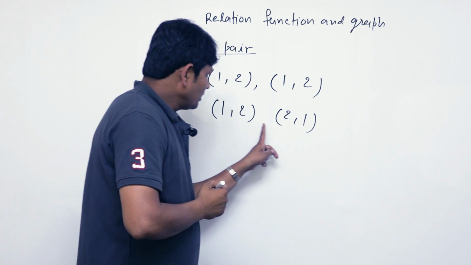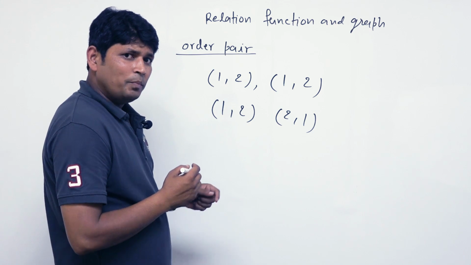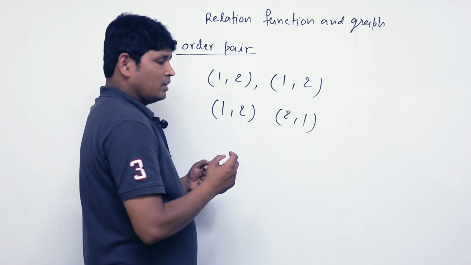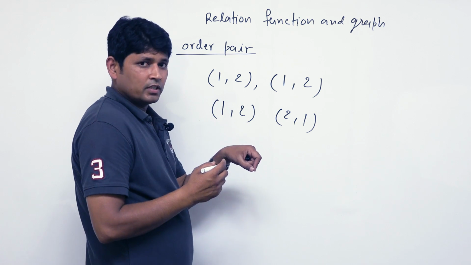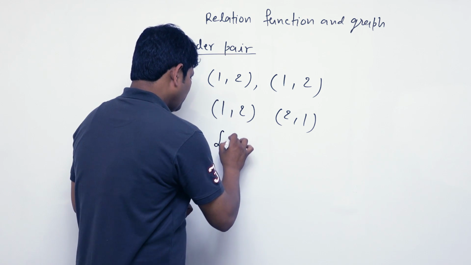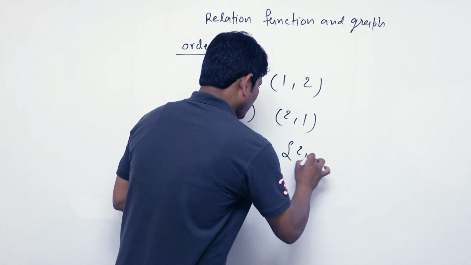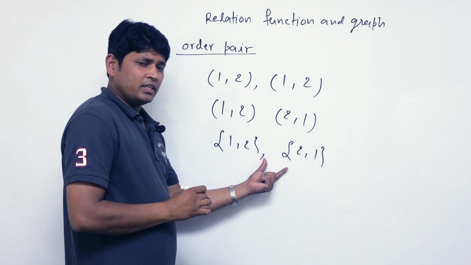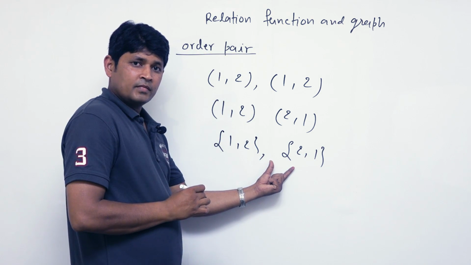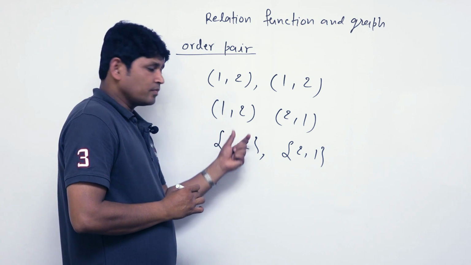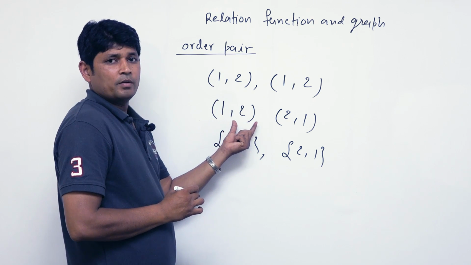But you may get confused in the case of sets. In a set, you can write the elements in different order. If I write 1, 2 and 2, 1, both are the same set and they are equal. That is the difference between writing in sets and in the form of ordered pairs.